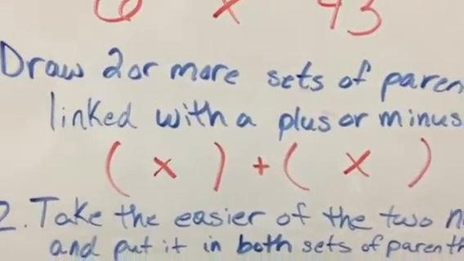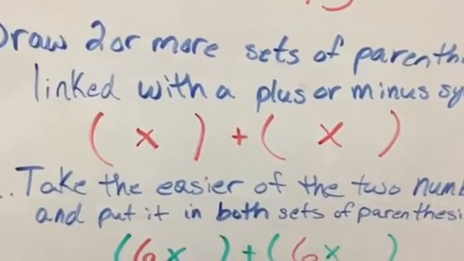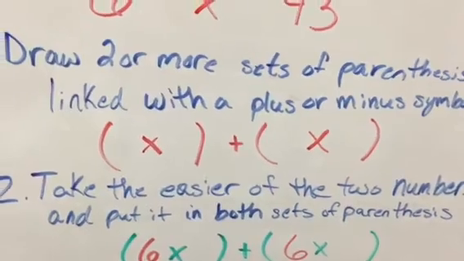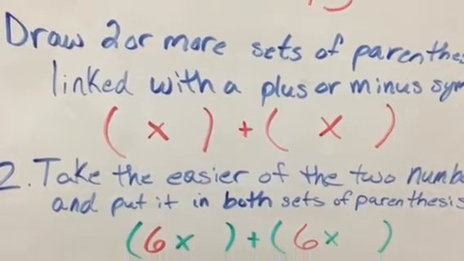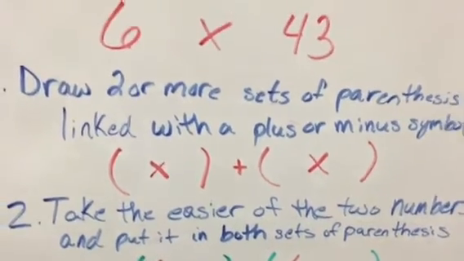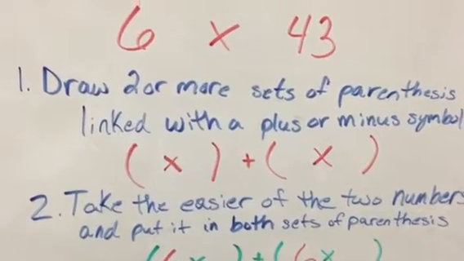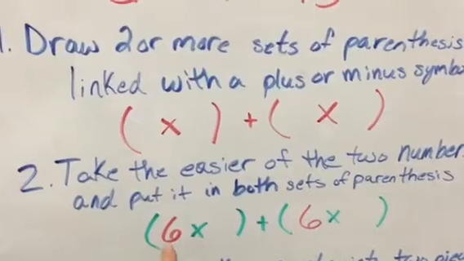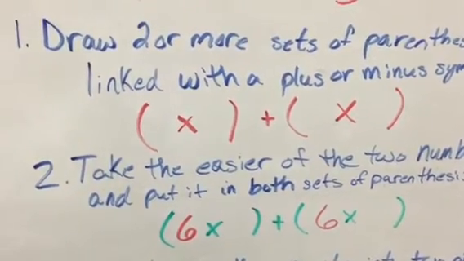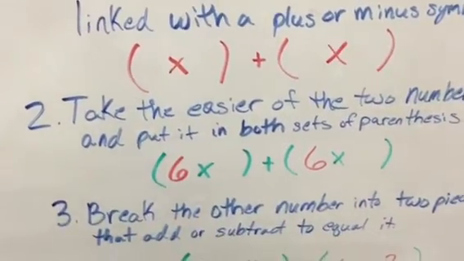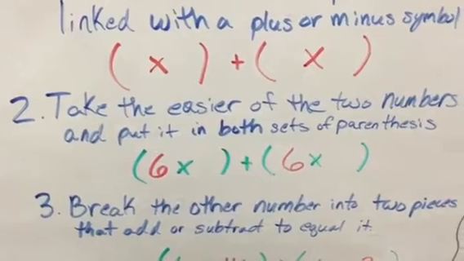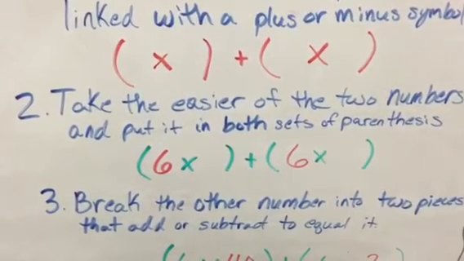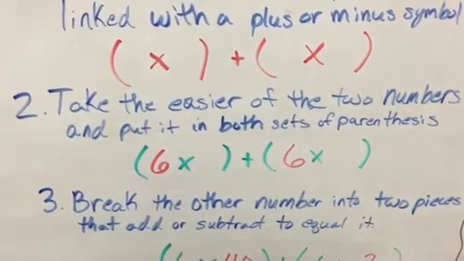Let's keep going. Number 2 is take the easier of the two numbers and put it in both sets of parentheses. So in this example, I had 6 times 43. I feel like 6 is something that I can multiply easier than 43. So I'm going to put 6 in both sets. And the last step is to break the other number into two pieces that add or subtract together to equal it.